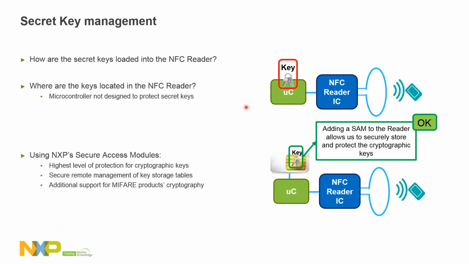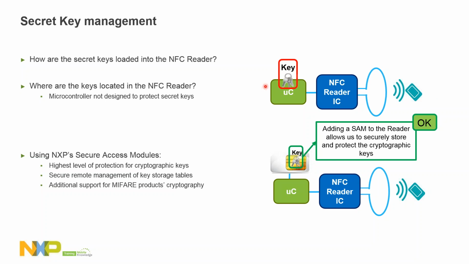And if we pick up again our three main architectures, we shall remember that an NFC reader is an active NFC device capable of triggering a communication against other NFC-enabled devices. If we want to enhance the security of the data exchange through the NFC interface, we have concluded that cryptographic techniques shall be applied. And to do so, we must use cryptographic keys that need to be secure. So we come to the question: how and where are those secret keys located in the NFC reader architecture that we have seen before?